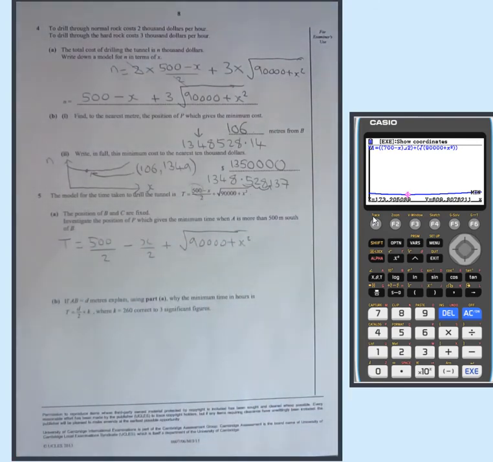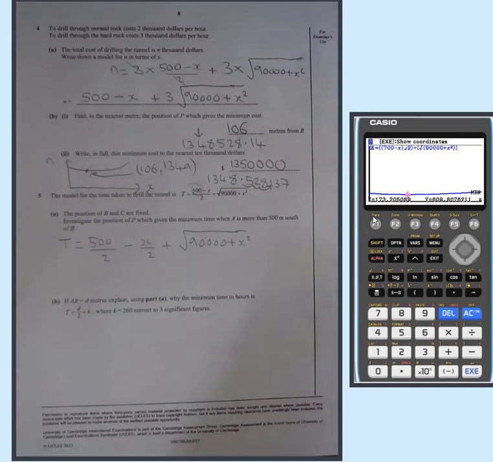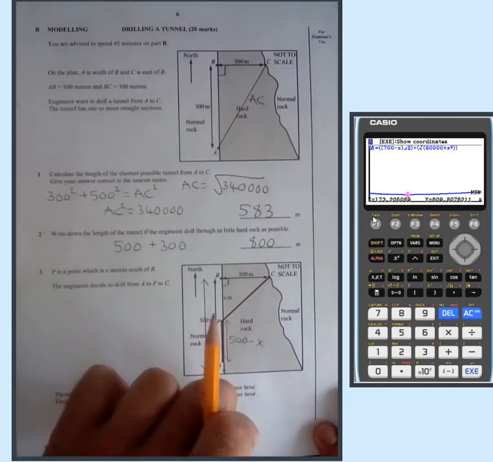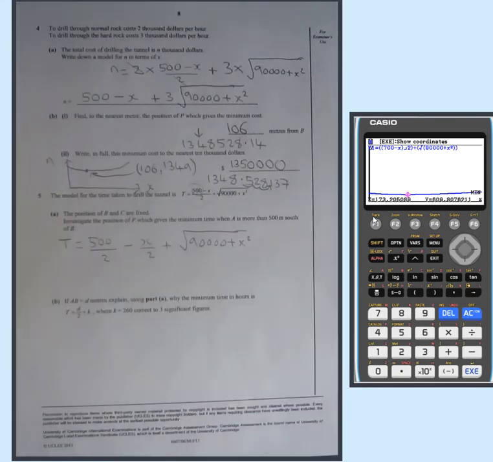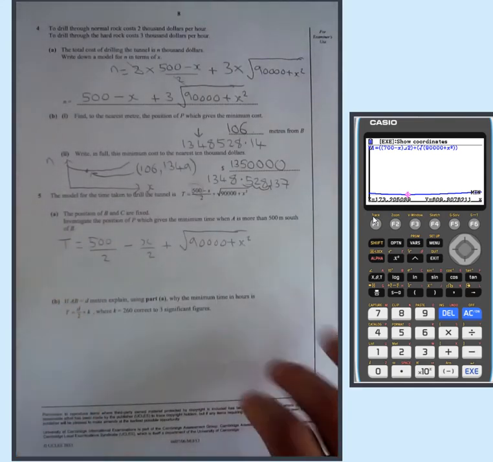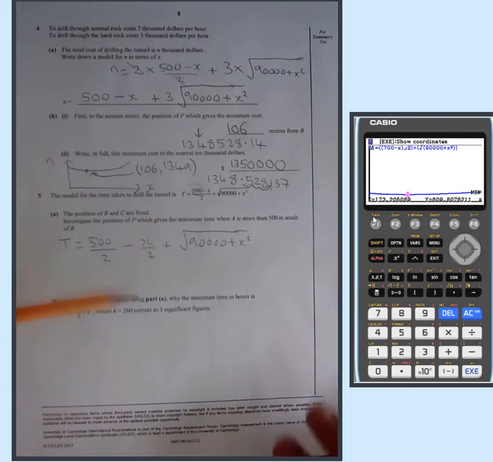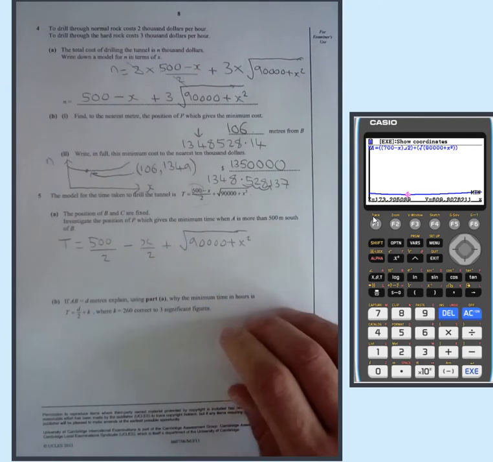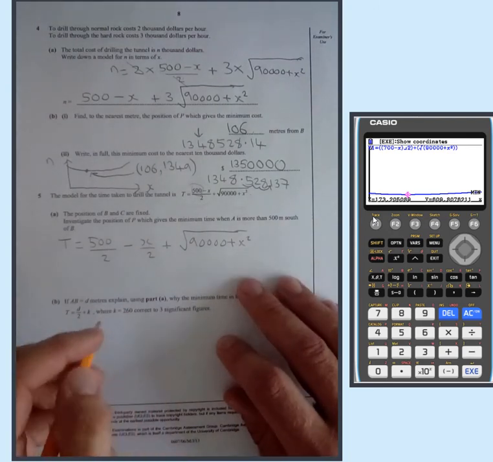Now, whenever we change the distance of point A, once A gets bigger than 500 meters, so if A becomes 600, 700, 800, all that will change is this bit. And if you think about this as a graph, all this is doing is translating the graph up and down. So increasing this won't have any horizontal effect. So the sum of all of that is that X will stay the same.